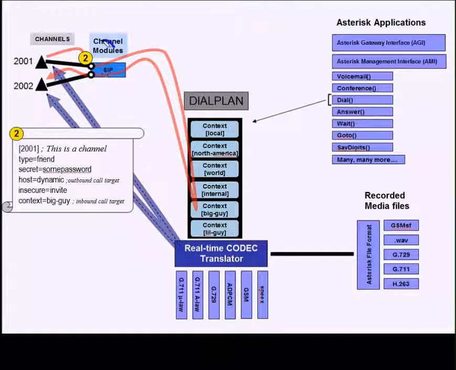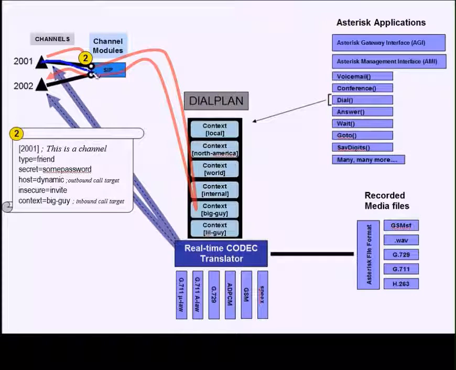In the SIP channel configuration, we see that we enter 2001, that is the channel, where we'd type in the IP or the password, and of course we say host equals dynamic because we're going to have 2001 register. That will dynamically supply this particular channel with the IP address of the phone in case we ever want to send a call out to the phone.